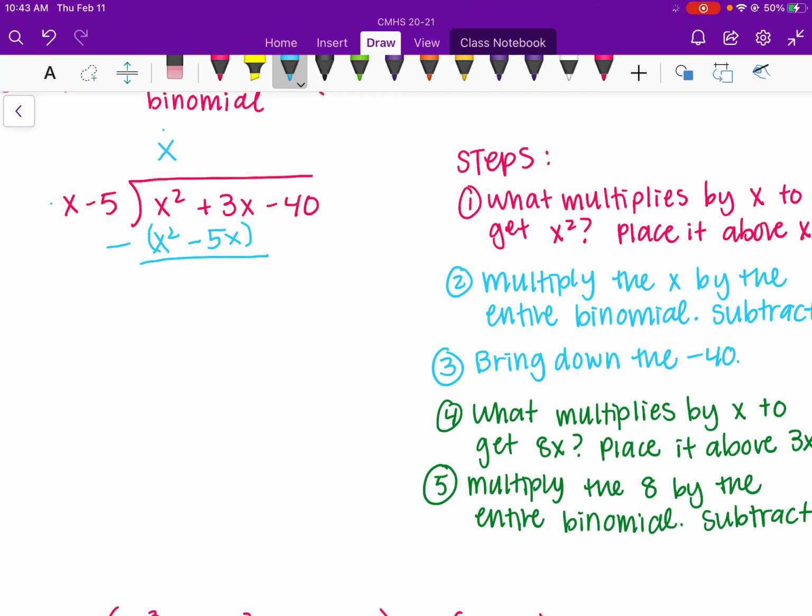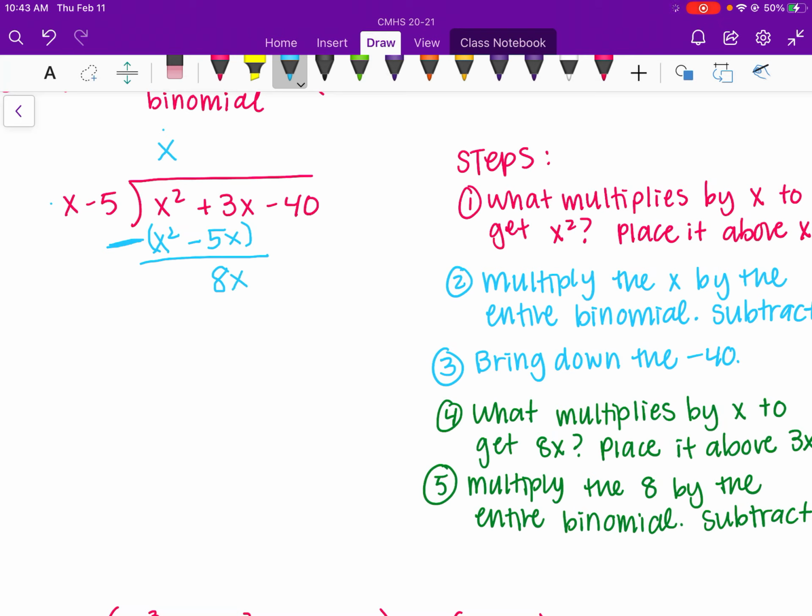What we'll do is subtract. Whenever we subtract, remember, you have to distribute the negative. So x squared minus x squared cancels out. It's 0. Then we have 3x minus negative 5x, which is plus, so 3 plus 5 is 8x.